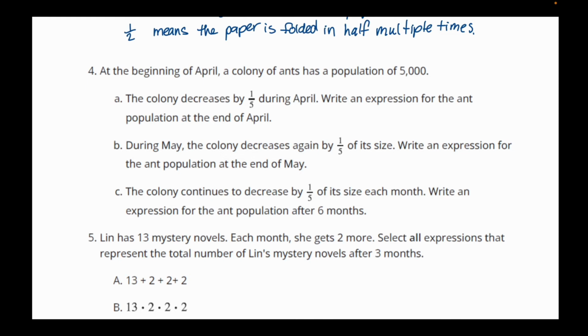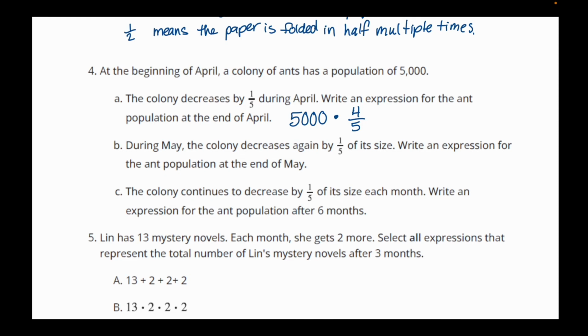So if I just multiplied by 1/5, that would be how many ants they lost. So if they're starting with 5,000, I want to multiply instead by how many ants are left. This is 4/5. So 4/5 of the ant colony will be left.